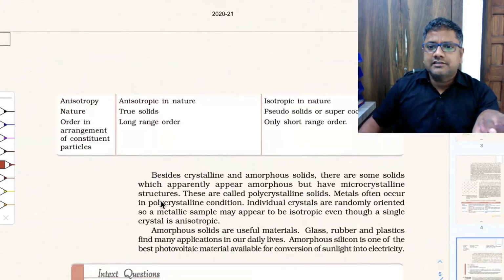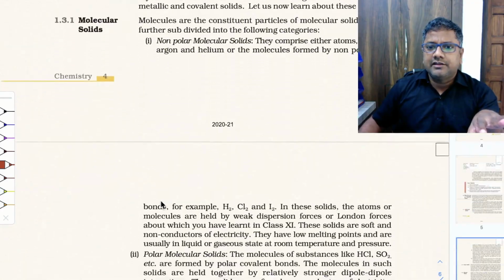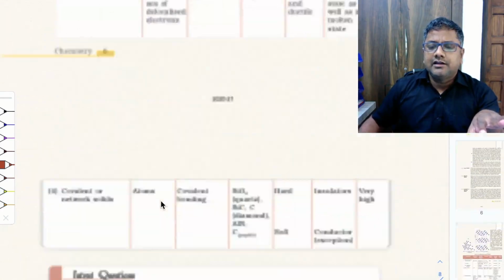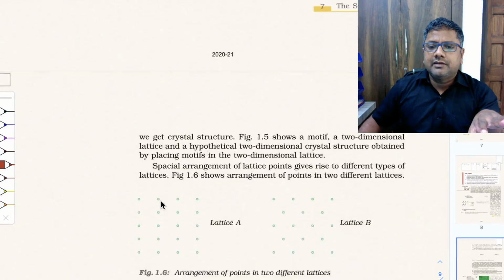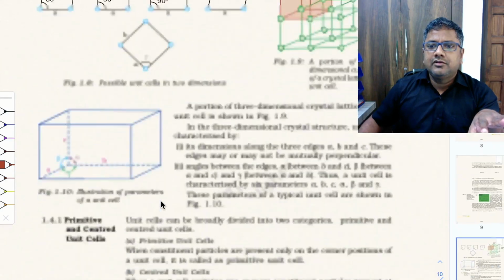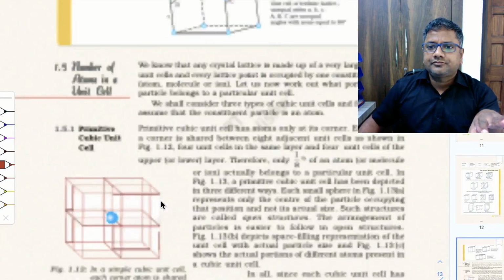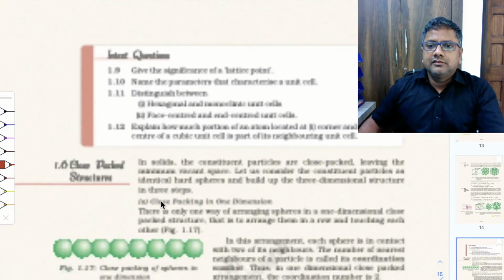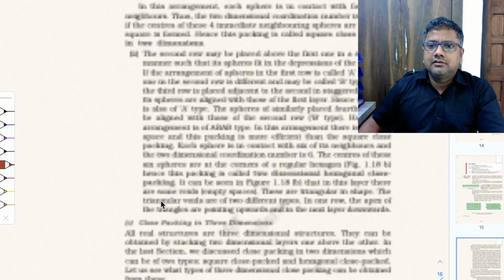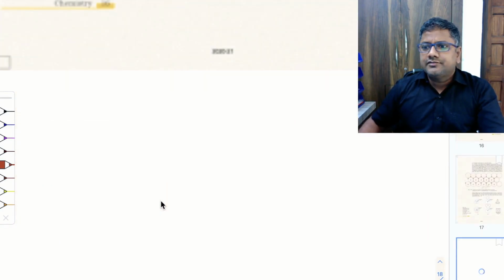All these things they have included, and you can leave the contents from here.